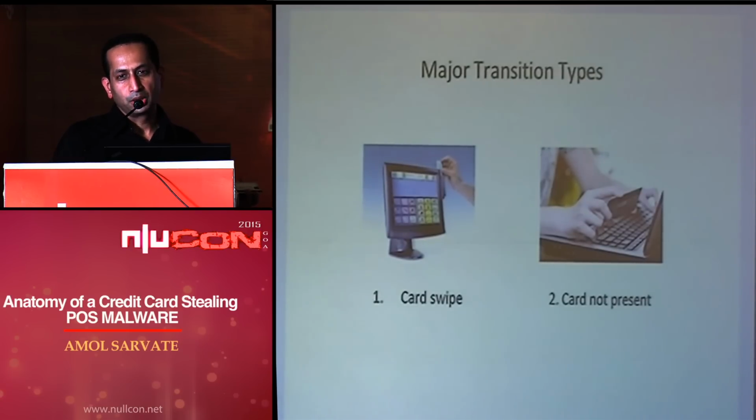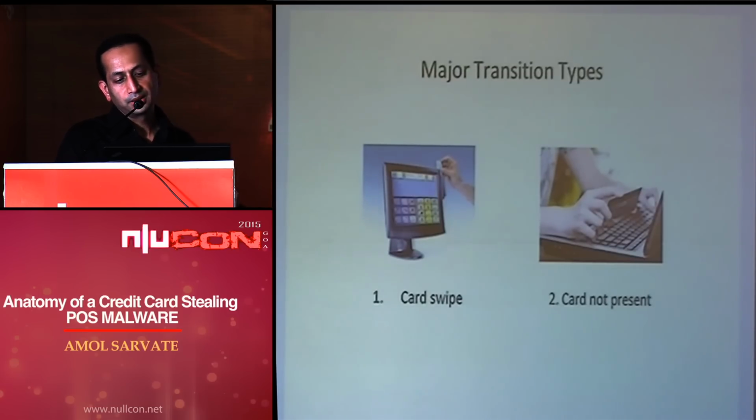What happened with online was that since you don't have a card reader at home to swipe the data when you're buying something online, the credit card companies said, okay, let's put another number which is printed physically on the card, and let's have the users input that number in the online form, and we'll use that as authorization.